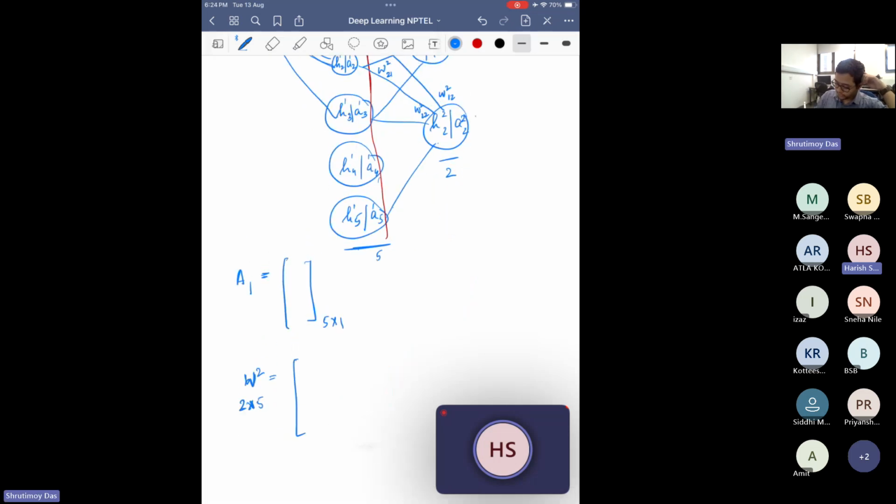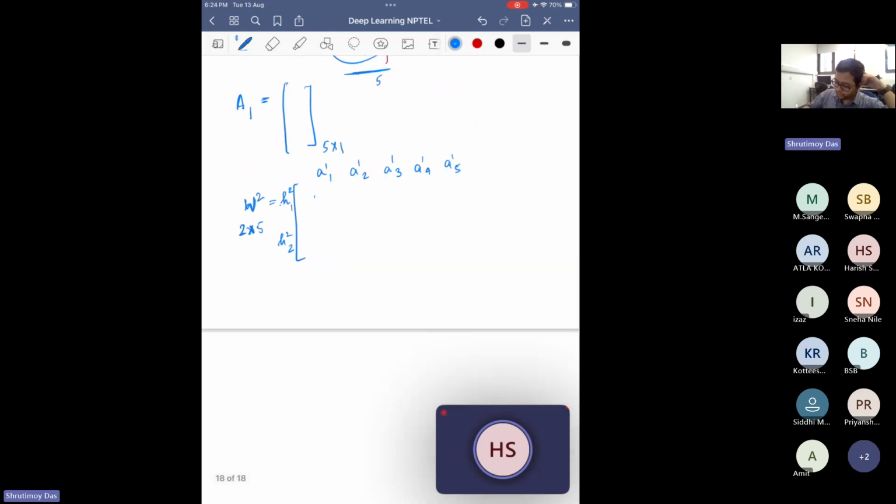Again we have two hidden neurons here, H21 and H22, and A11, A12, A13, A14, A15. So for hidden layer 2 we have 1,1, then 1,2, and so on, and finally W251 and W252. So we get this 2 cross 5 matrix.